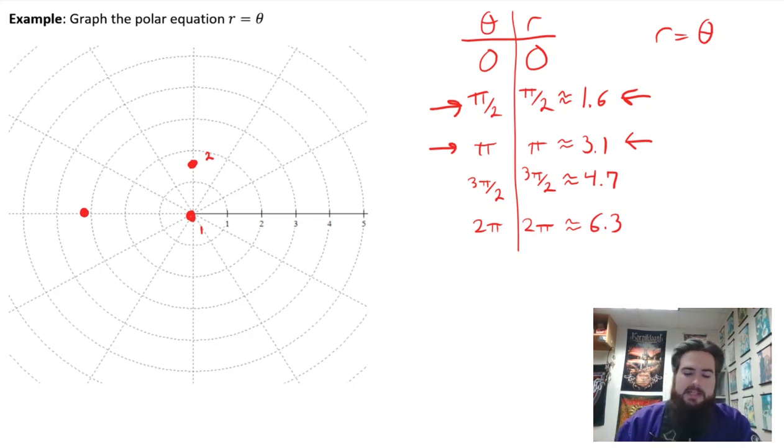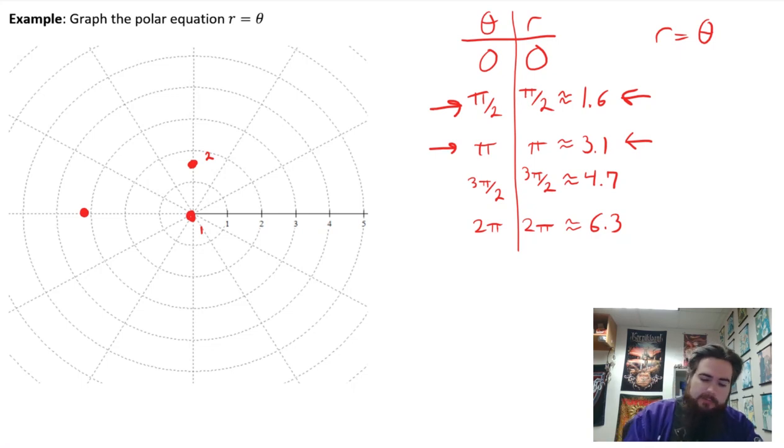Some people may be tempted to put that point over here, but remember that you're always walking forward in the direction that you are facing as long as your radius is positive. We would end up over at this point if we had a negative radius when facing towards pi.